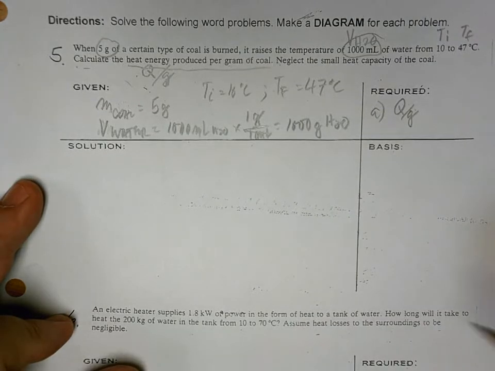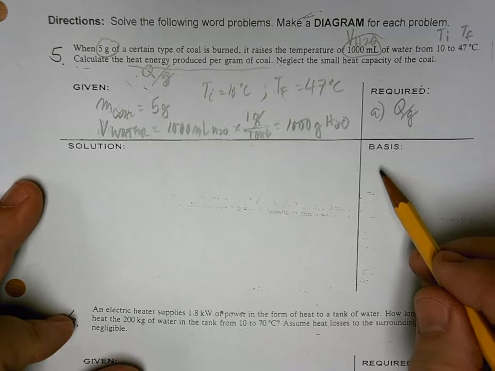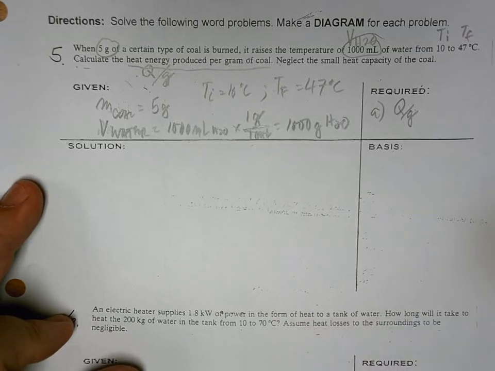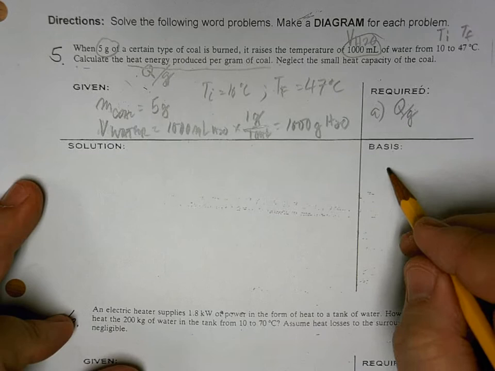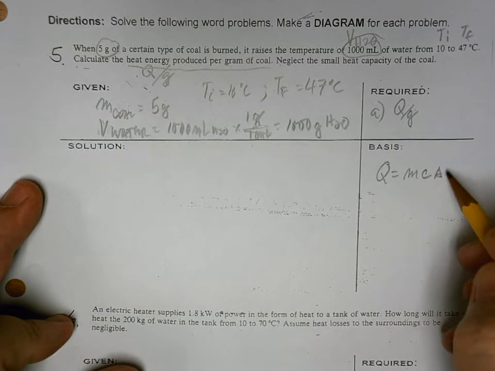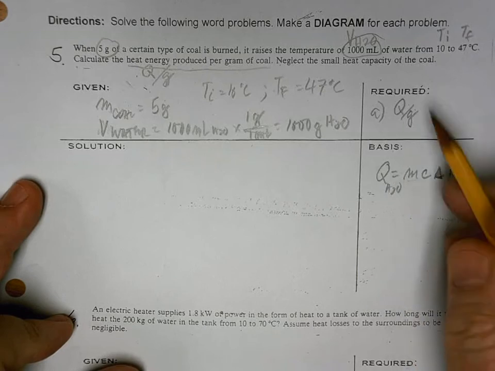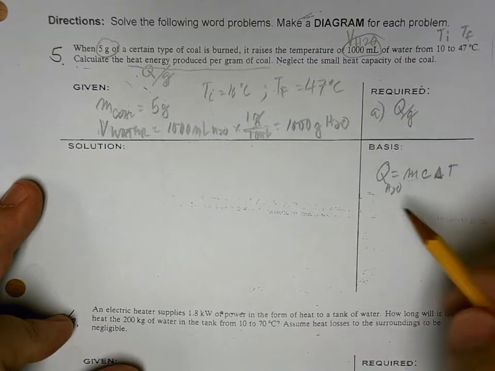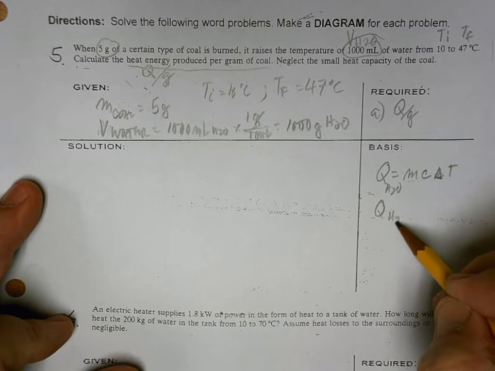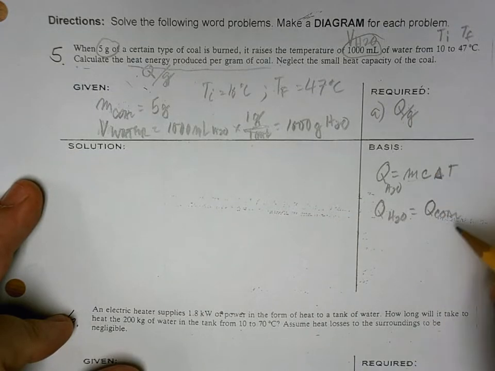All right, so your basis for this calculation is Q is equal to MC delta T. So this heat has to be the water, because that's the one you're given data on. But the heat that the water absorbs is equal to the heat of the coal. And that's what you're solving for here.